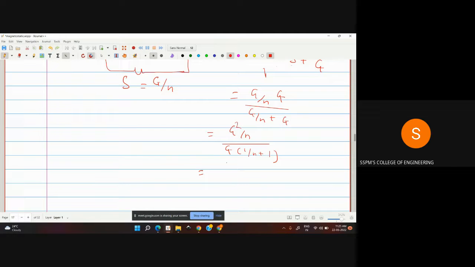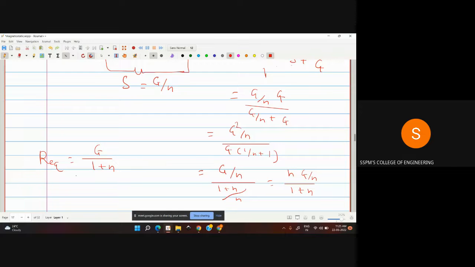G square divided by G becomes G, divided by 1 plus N divided by N. So it is equal to NG divided by N divided by 1 plus N. So what is the new value of equivalent resistance? Equivalent resistance is G divided by 1 plus N.